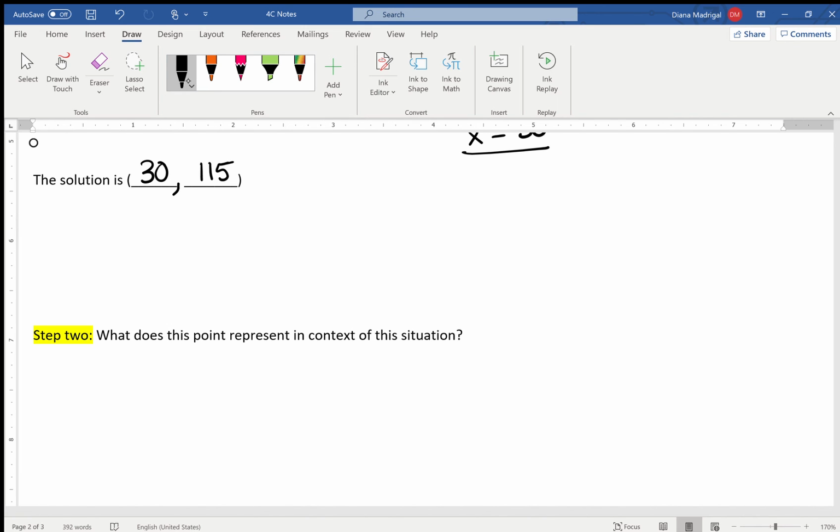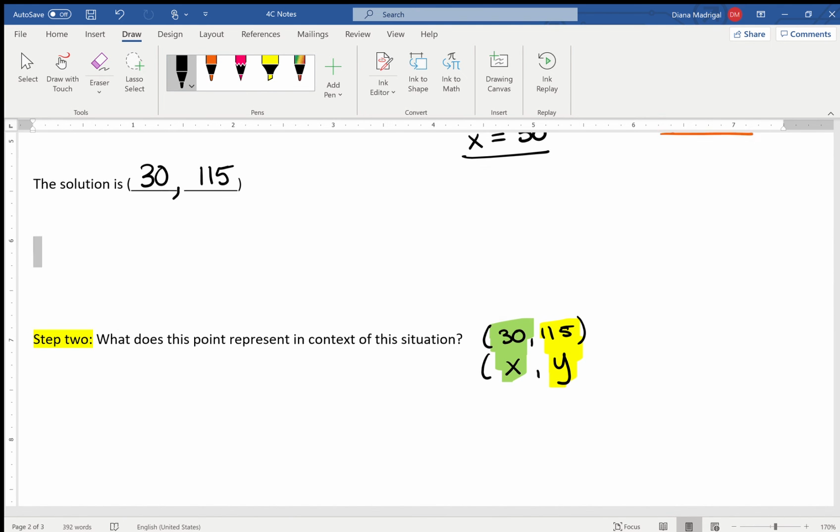Well, if my solution is 30 and 115, let's go back to the problem. Remember, a coordinate point is always written as x and y. The question is, what does x mean in context of the problem, and what does y mean? Let's go back to the problem again.